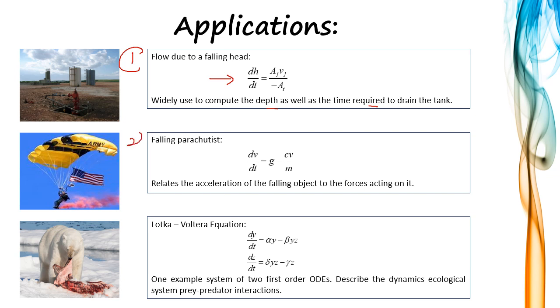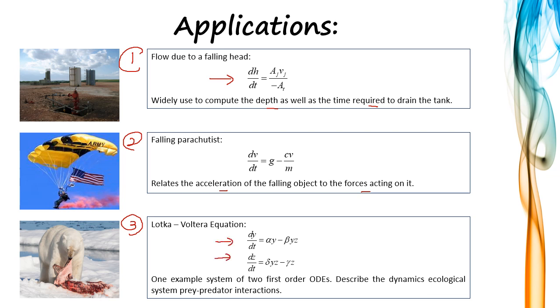Second one, we can calculate a falling parachutist, where the relation is the acceleration of the falling object to the forces acting on it. And the third one, we have the Lotka-Volterra equation. From here, we have two first order differential equations.